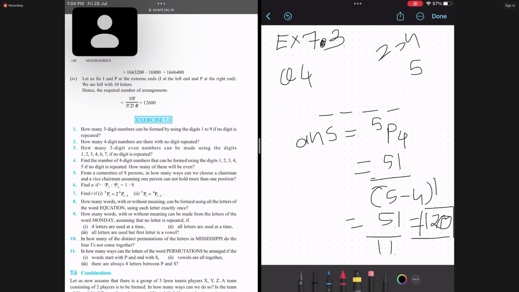But rather than doing that, let us think in terms of probability. So the last digit can be filled up using 2 or 4, and the total number of choices that we have is 1, 2, 3, 4, and 5. 2 and 4 are the choices which, when used to fill up the units place, would result in an even number, right?